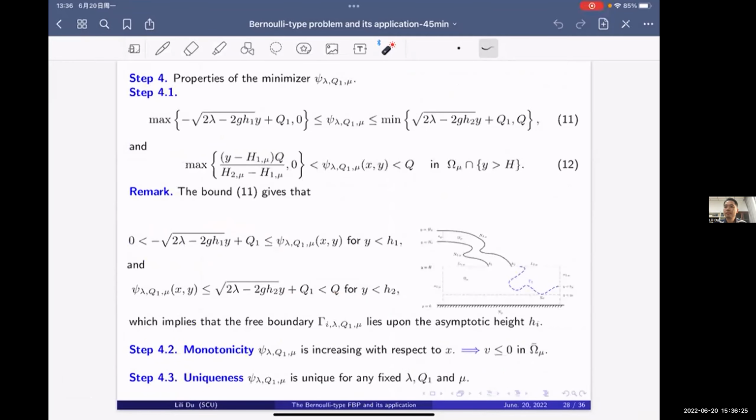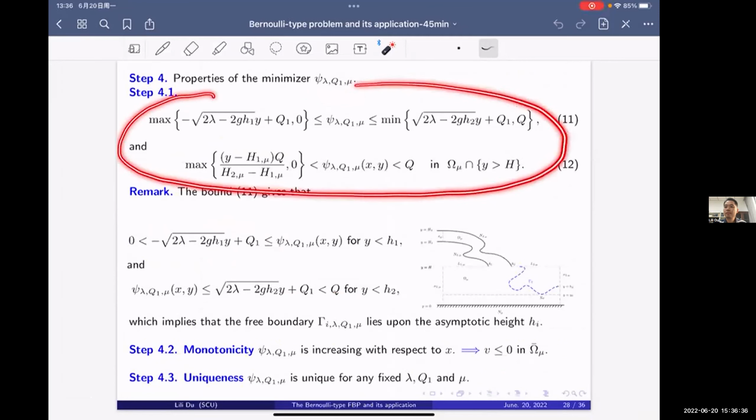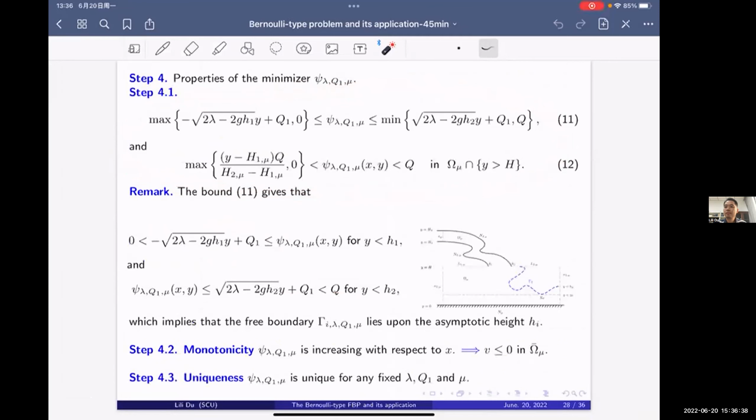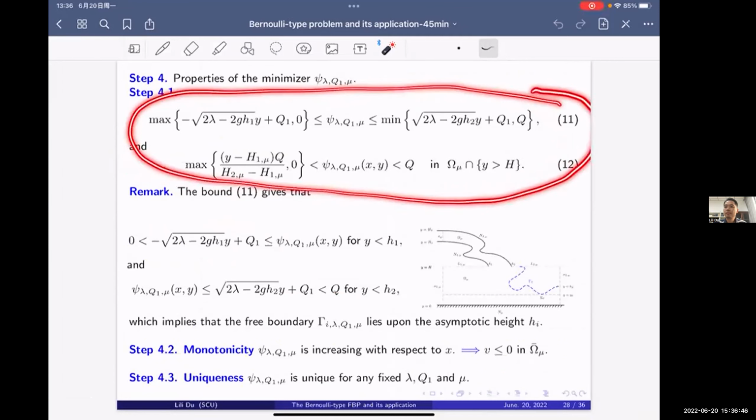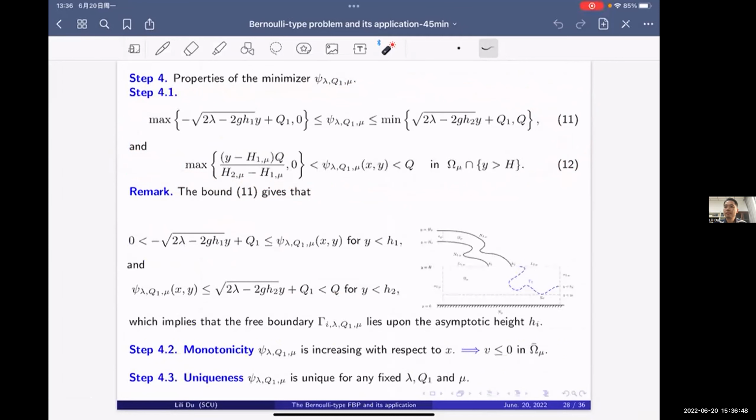Moreover, we consider the properties of the minimizer psi. First, we can obtain the following precise bounds 11 and 12. The bounds 11 and 12 give us that the two free boundaries lie upon the asymptotic heights.